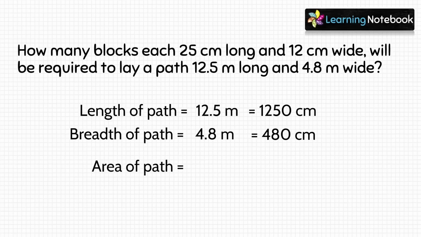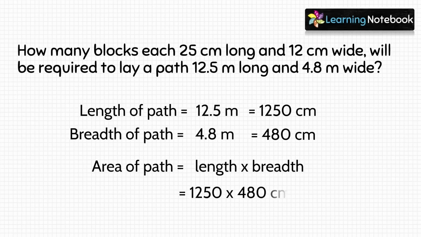Now let's find its area. Students, since we are given the length and breadth of this path, we will assume it to be a rectangular path. And we just learned that area of rectangle is length into breadth.